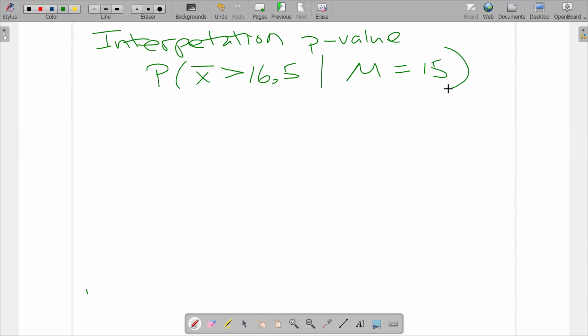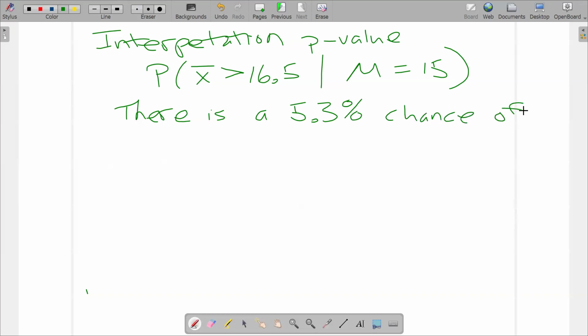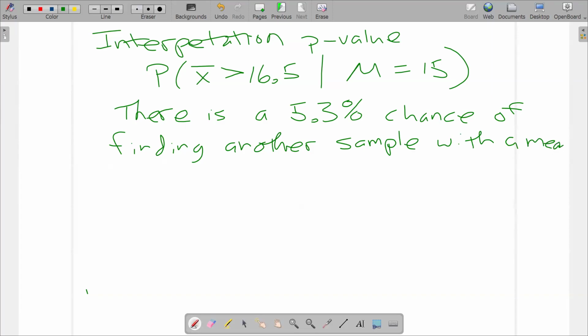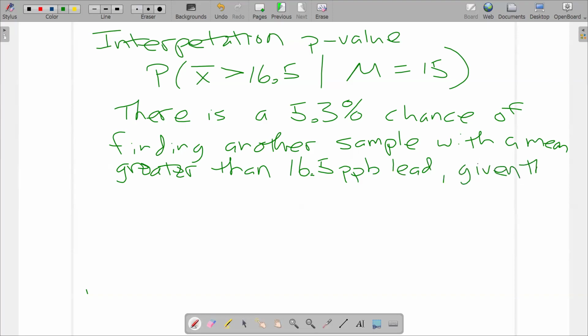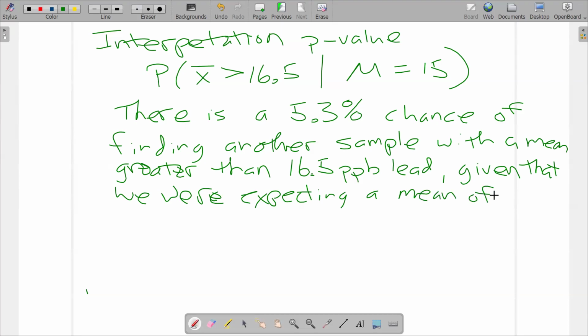In words, there is a 5.3% chance of finding another sample with a mean greater than 16.5 parts per billion of lead, given that we were expecting a mean of 15 parts per billion of lead.